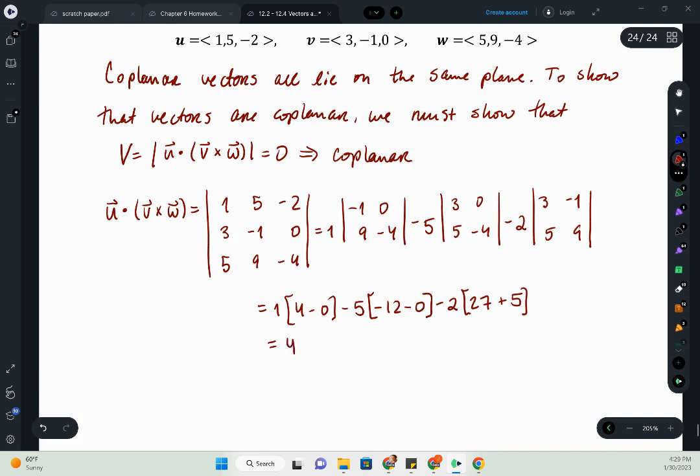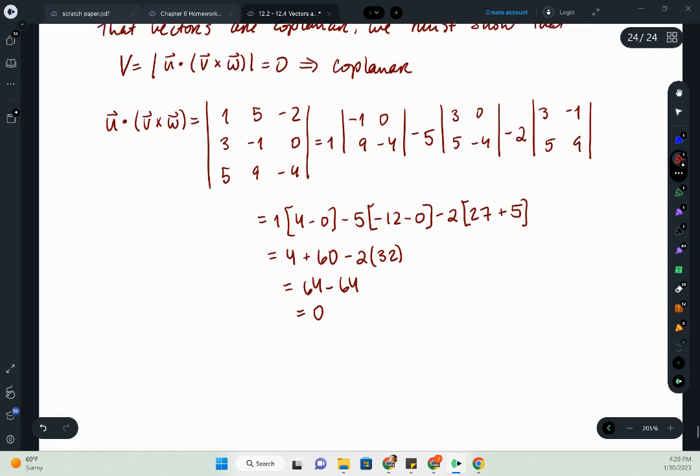Okay, this gives me 4. This gives me plus 5 times 12 is 60, so I get plus 60, minus 2 times 32. That gives me 64 minus 64, which is 0.